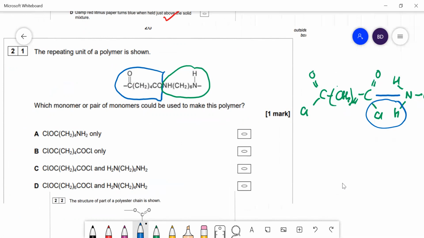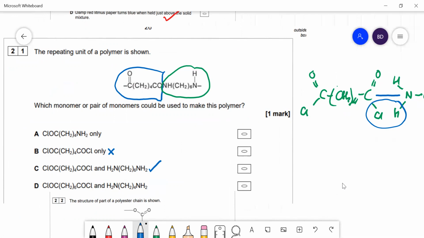So what we're looking for there is, right, that wouldn't work because it's just a dicarboxylic acid. That would work. Yeah. Which monomer or pair of monomers? Sorry, that wouldn't work. That would work.